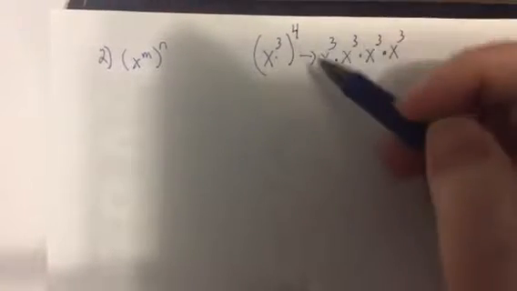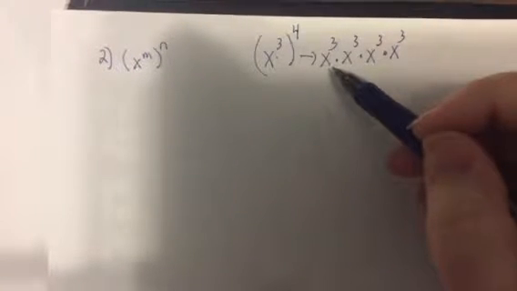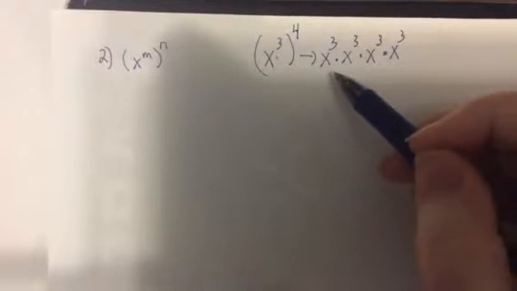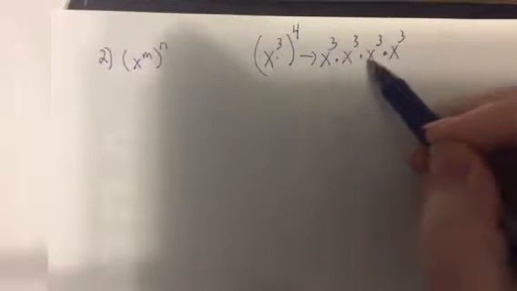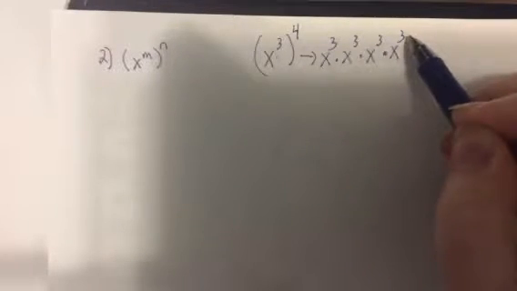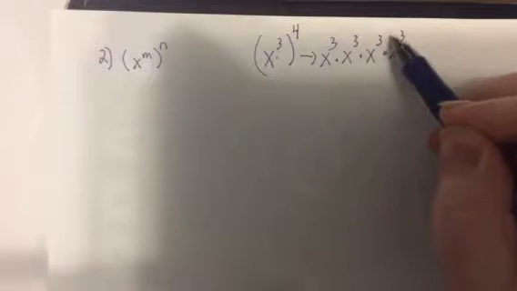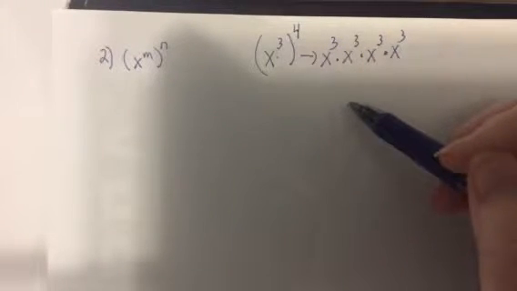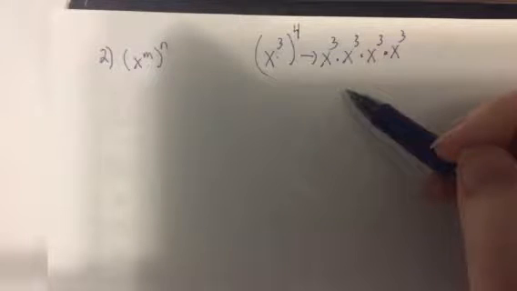Now, if you remember the first law from a while ago, that when you're multiplying things with the same base, you add the powers. So it'd be 3 plus 3 plus 3 plus 3. Well, if you remember from around 4th grade, multiplication is a shortcut for adding.